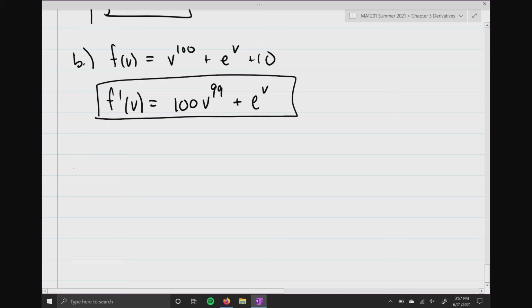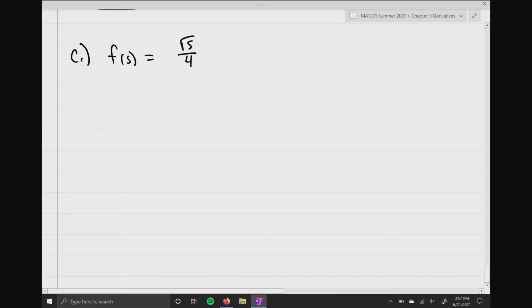All right, next example. Now this one is going to look a little weird at first, but we can handle it. The function is f of s equals the square root of s over 4. So our derivative here is going to equal... now, what I'm going to do is come off to the right-hand side here because I don't have a rule for a square root.